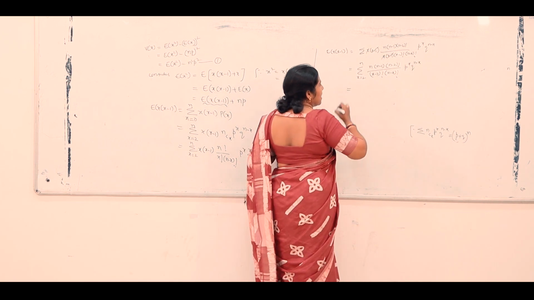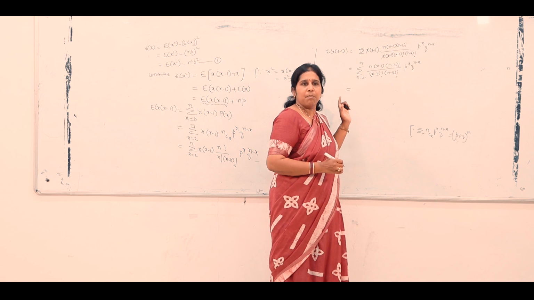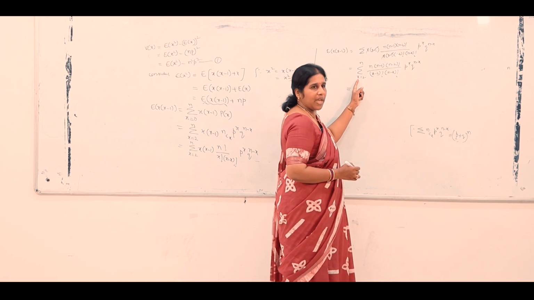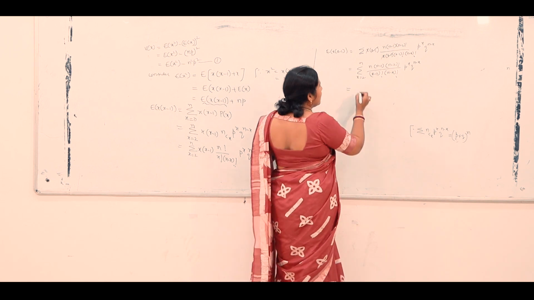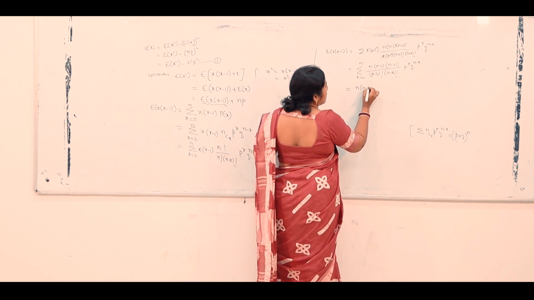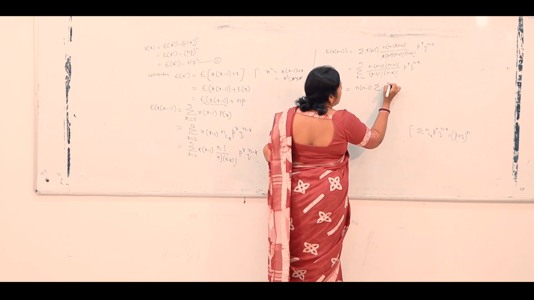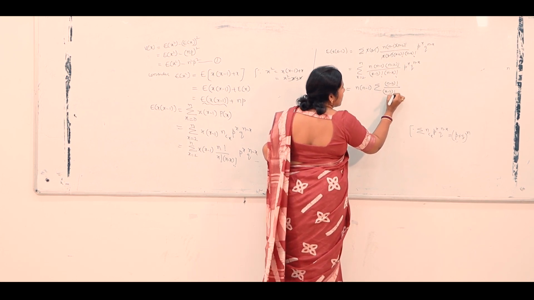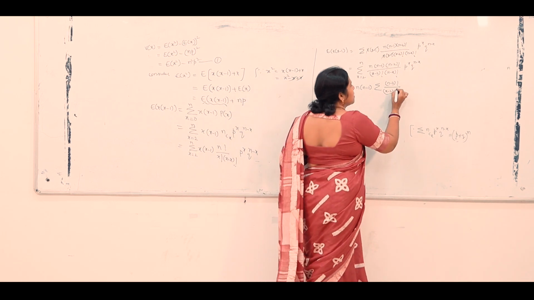If you observe the derivation, everything is similar to your mean derivation. Now n and n minus 1 with respect to x are constant, so I'll write them outside the summation. So what are the terms left out over here? n minus 2 factorial, x minus 2 factorial and n minus x factorial.